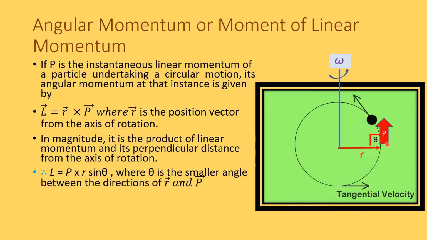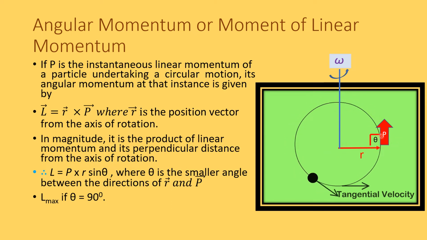So if the direction of this momentum is a little inward, the theta value decreases and the sine theta value also decreases, hence the angular momentum of the object also decreases, and it is maximum if the direction of this momentum is perpendicular to this position vector r.